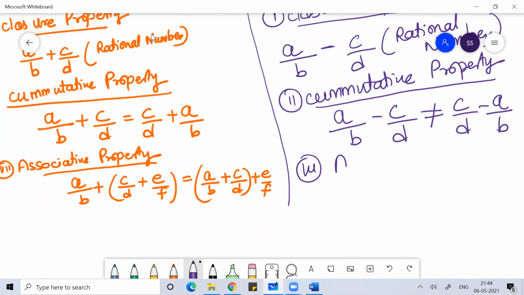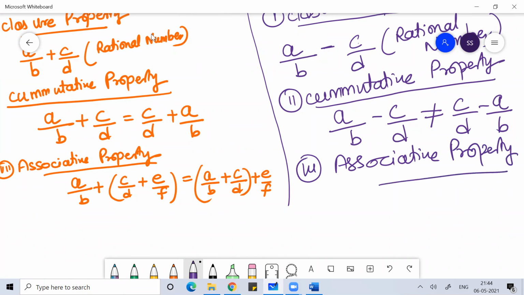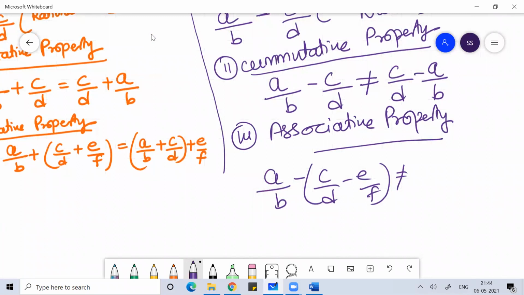If we talk about the associative property, A by B minus C by D, minus E by F, will not be equal to A by B minus, C by D minus E by F. So you need to know these terms.